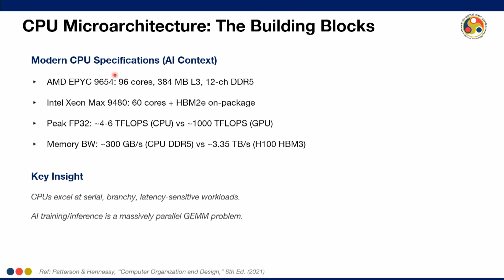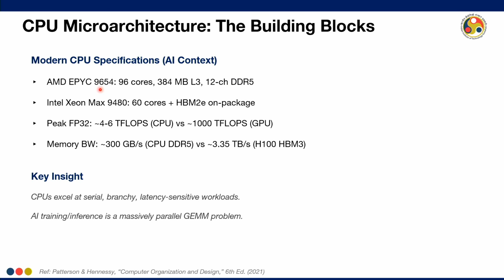In this slide we are seeing different CPU specifications from the AI workload point of view, because we need to understand what performance is achievable from these CPUs, and that is given by the specification. The AMD EPYC 9654 series has 96 cores, 384 megabytes of L3 cache, and 12-channel DDR5 memory that we will talk about later.